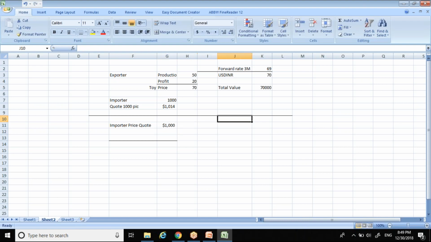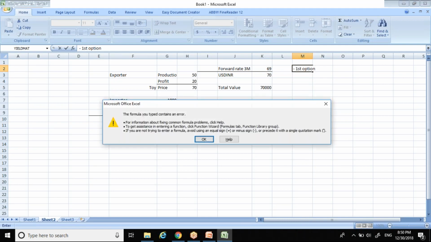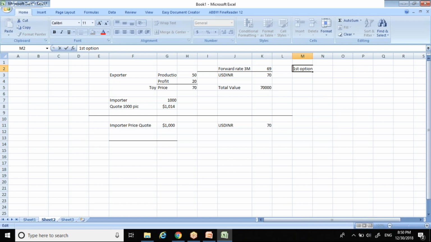So what you do is, you see the rate is around 70. So this is the first option. Put a minus sign here. Right. So first option is like this one.